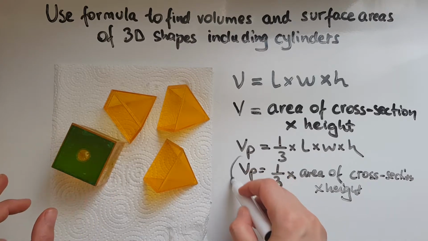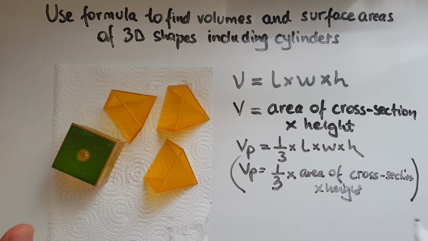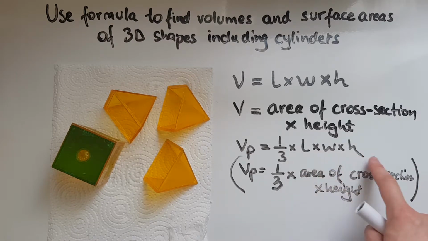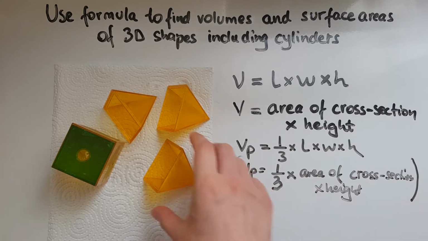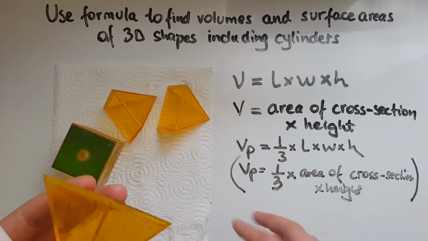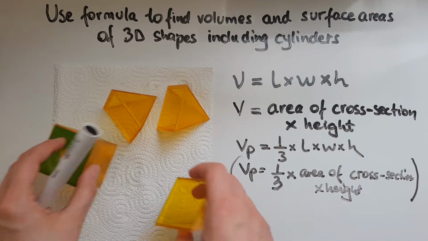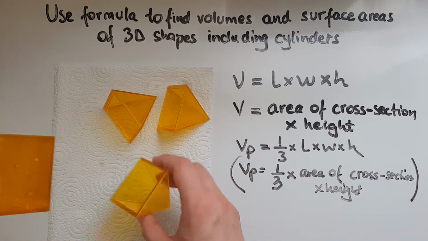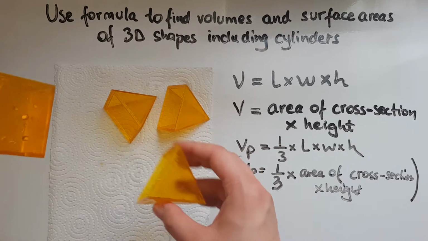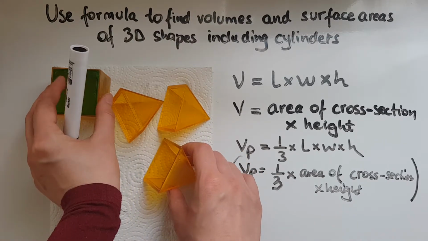This is just to help you, but it isn't an official formula. So if it helps you remember, then use it. But this is the official formula. And this makes more sense because in a pyramid, you really don't have a cross section, but you have it in the cube. So if you try and make the link between the two, then that's perfectly fine.